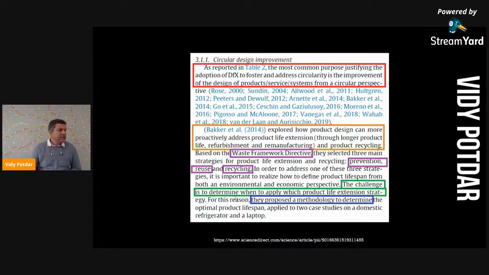The challenge is to determine when to apply which product life extension. So they mentioned the challenge. For this reason, they proposed a methodology. So this is their contribution. They proposed a methodology for optimal product lifespan, applied it to 2 case studies. So we're talking about methodology here, on a domestic refrigerator and a laptop as a use case.